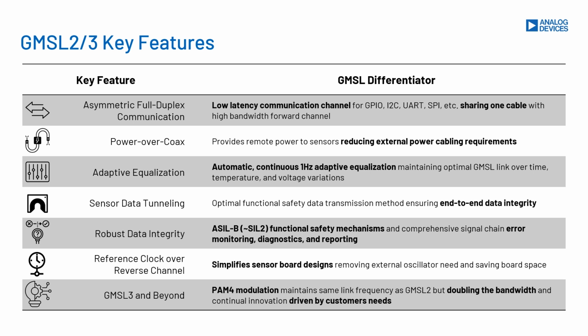Here is a summary of some key technical features of GMSL2 and GMSL3 devices. GMSL2 links operate in asymmetric full duplex mode. We usually refer to the serializer to the deserializer channel as the forward channel that will carry video data and higher bandwidth signals.